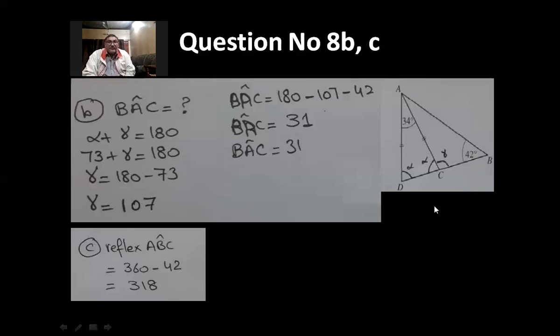We want to find this outside angle. If this is 42, subtract it from 360 and you will get this outside angle. That will be 318. So the ABC reflex angle will be 318. We are done with this.